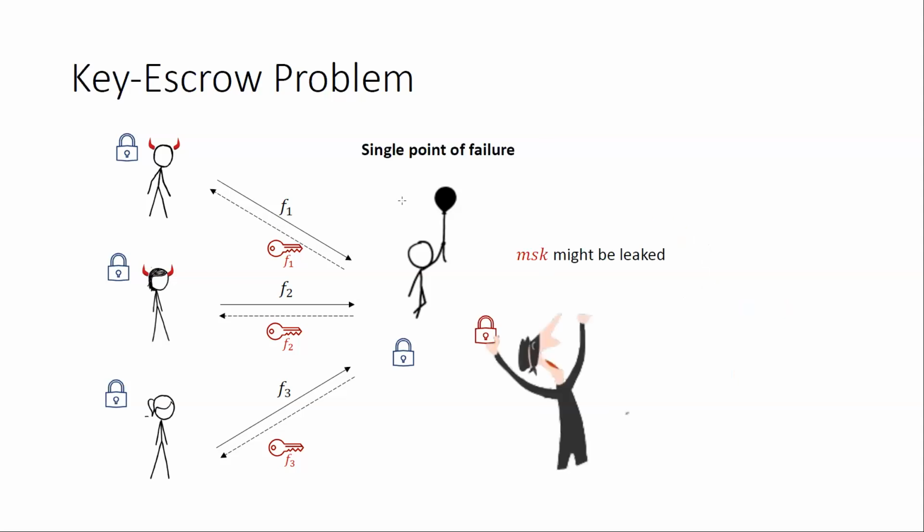Essentially, the main problem of functional encryption and all the primitives like IBE and ABE is that there is a single point of failure, which is the public key generator. The master secret key might be leaked, and we want to avoid it. So what we want to do is create something more similar to a standard public key encryption scheme, in which we try to remove, or at least relax, the power of the public key generator.